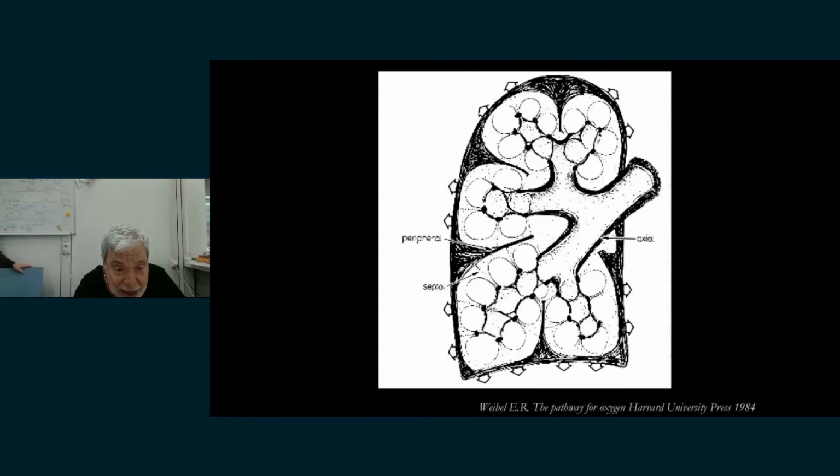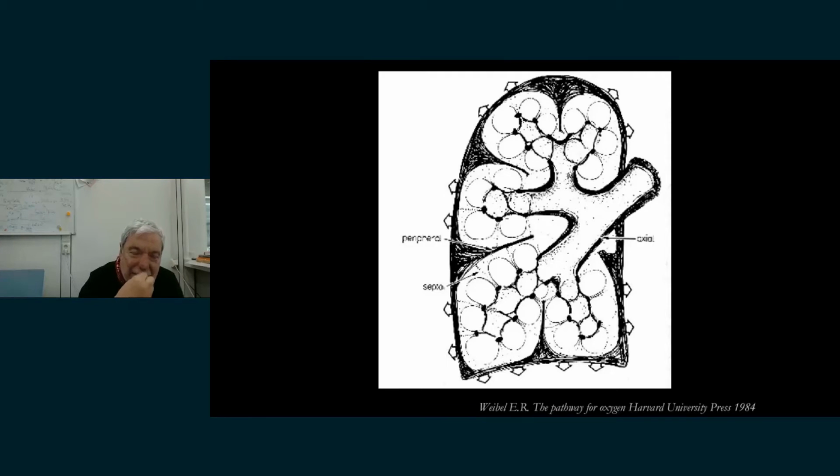Now, let's start with my idea about spontaneous breathing and how to monitor the situation. This is an old slide from Professor Weibel. Most of you probably do not know who Weibel was. Weibel was a giant in our specialty because he was practically the only one who put together anatomy and physiology in a beautiful way.